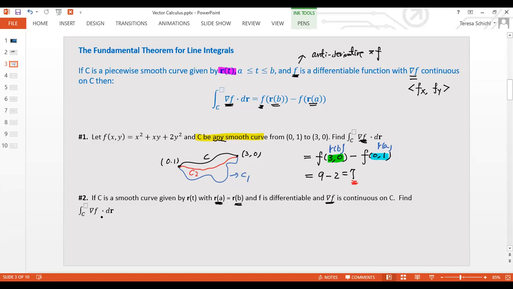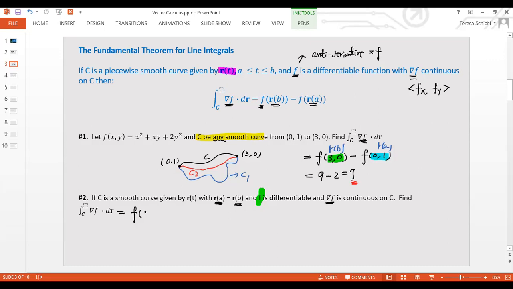I want to find the integral over C of del F. Because del F is the partial derivatives, the F here is like the antiderivative. So what is the answer here, by the fundamental theorem of line integrals?